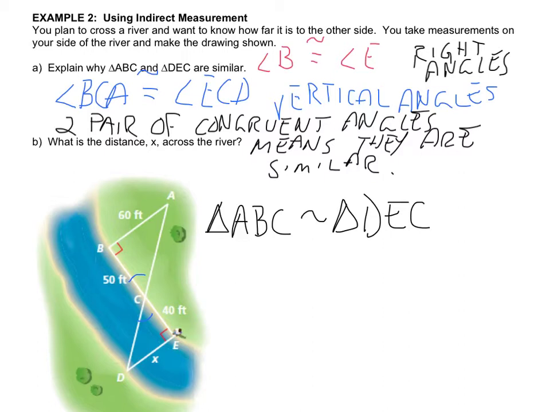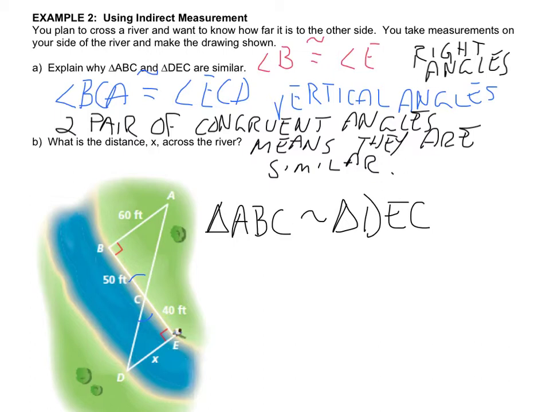And what do we know about similar figures? Well, we know that they have the same shape, meaning the corresponding angles that go together are the same. But here we don't really care so much now about the angles, we're more concerned about the distance or the side measurements. What do we know about the sides? Well, similar figures have sides that are in proportion to each other.